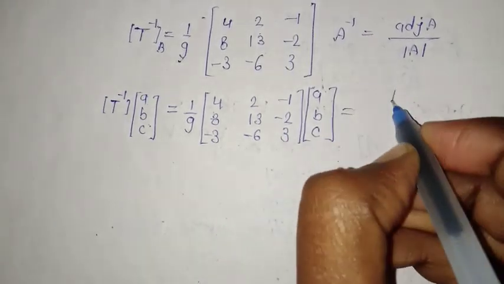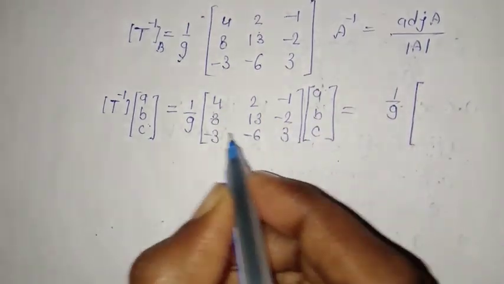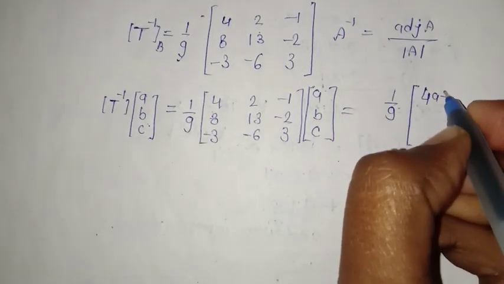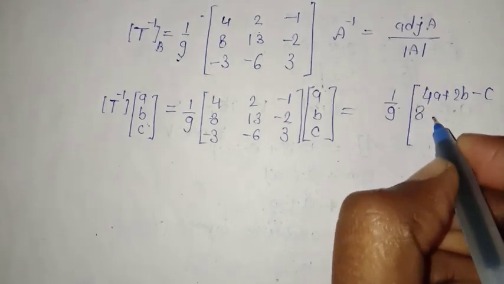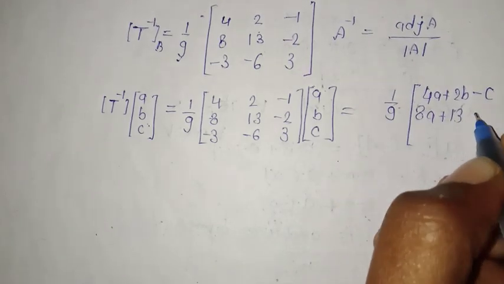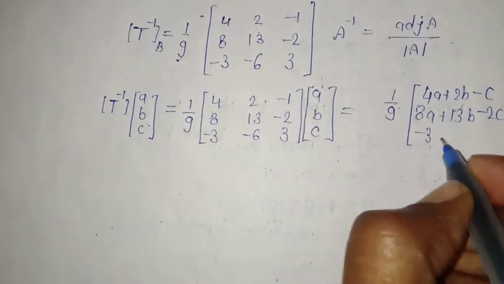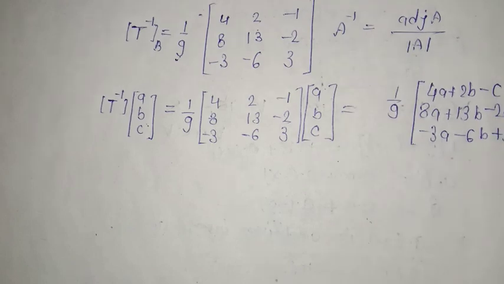Now 1 by 9 will be outside. I am just multiplying the rows and columns. So this becomes 4a plus 2b minus c, and this becomes 8a plus 13b minus 2c, and this becomes -3a minus 6b plus 3c.